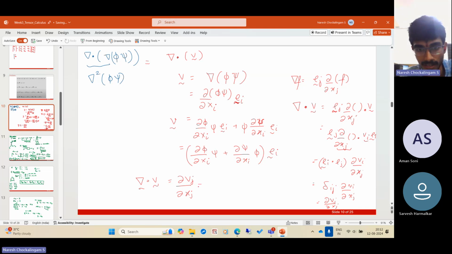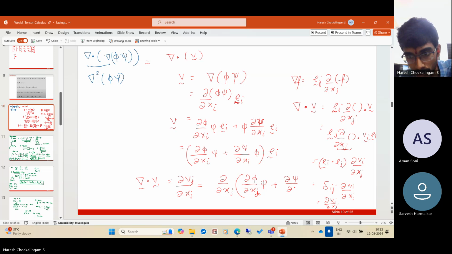So this is nothing but dou by dou xj of, this is the ith component, so if you want the jth component, in place of i just replace j. So dou phi by dou xj psi plus dou psi by dou xj phi.